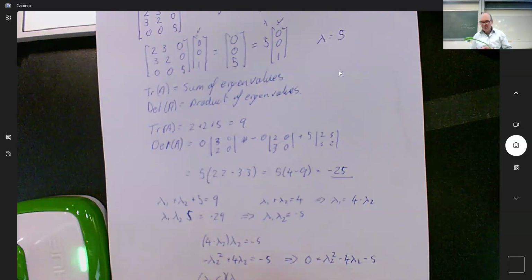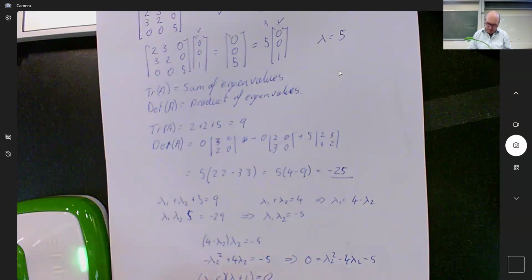Sure. Did I really get that right? Is equal to 0. All right. So my eigenvalues, lambda is equal to 5, minus 5, and 1.